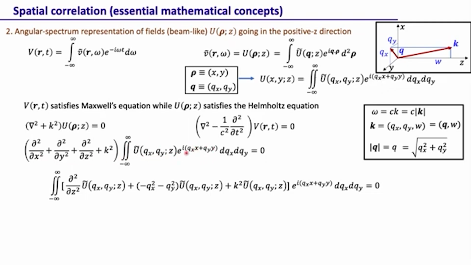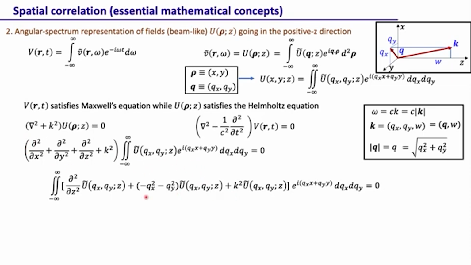So what it gives out is minus qx square, so that's minus qx square u tilde and this exponential term. Similarly, del square del y square will also act only on this one and spit out minus qy square, and so we have here minus qy square u tilde and this exponential term. So this is what we get when we operate with this term on these terms.